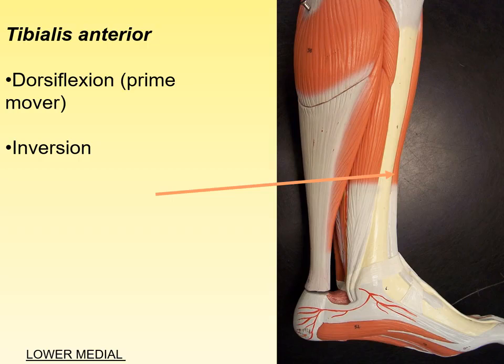Once again, find one muscle. Usually, personally, I find it easier to find one muscle to use as your landmark, and then move left and right from there. Move lateral and medial from there, and learn the muscles that way. Might be a little bit easier.